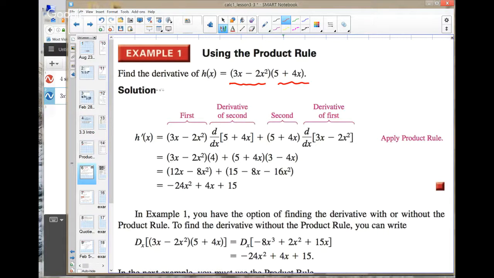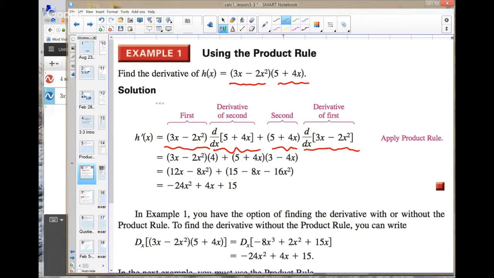What does the derivative say? It says take the first, multiplied by the derivative of the second, plus the second times the derivative of the first. We haven't done any derivatives yet, but we're just showing you how we're applying the product rule. So the first, okay, what's the derivative of the second?